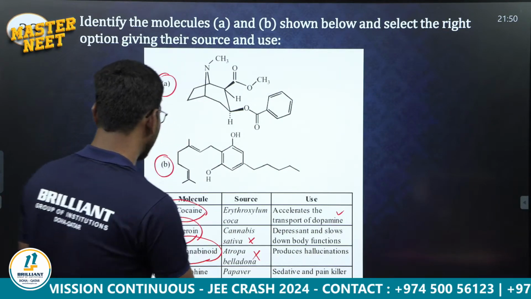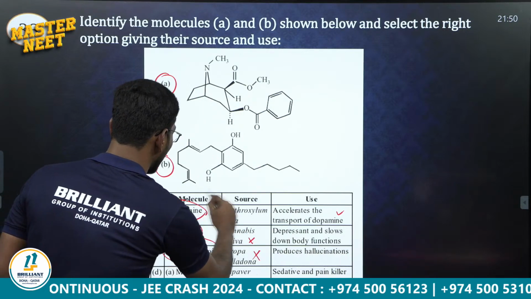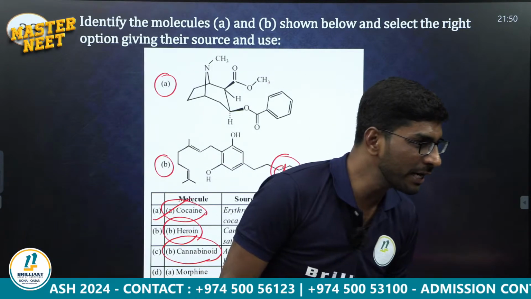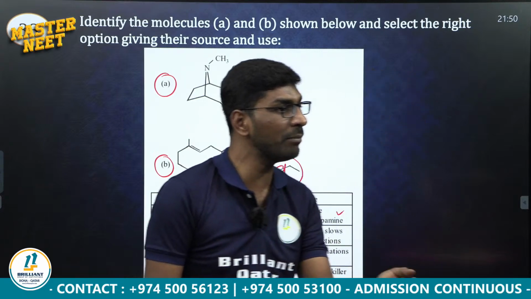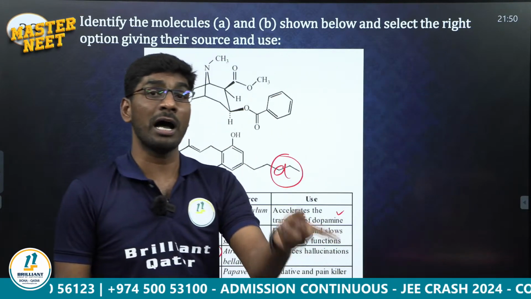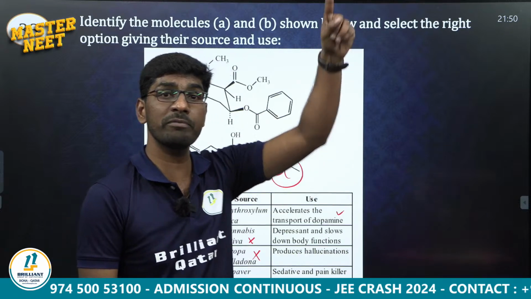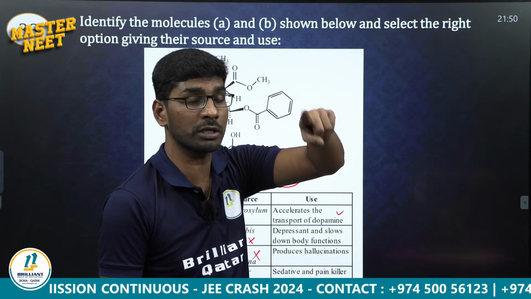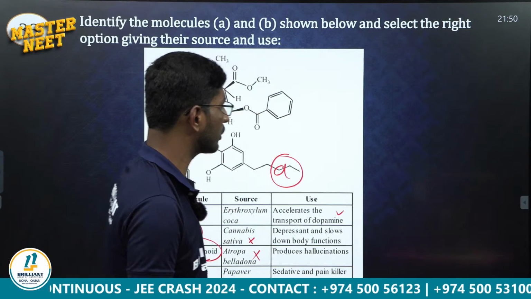Cocaine, Erythroxylum coca. I'm writing option A is correct. Papaver somniferum gives heroin and morphine. These opioids are coming from Papaver somniferum. No, next question, sir.